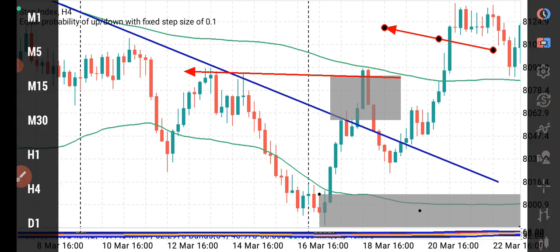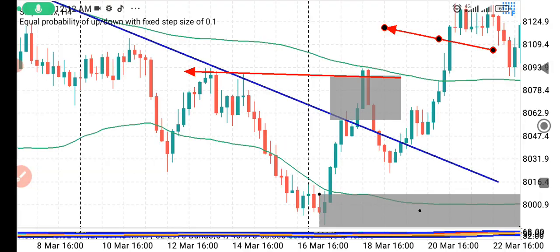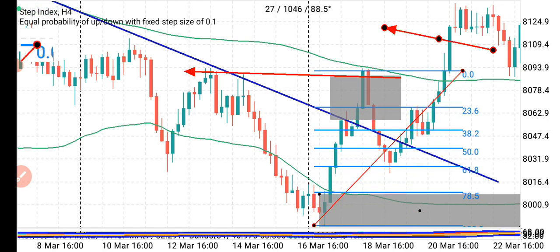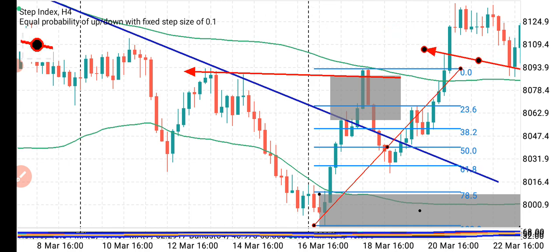Then you mark out your zone, you put your Fibonacci level to the previous level that it has made, which is this, and then price pulls back to the 61.8 zone. I remember I said you look forward for these things.